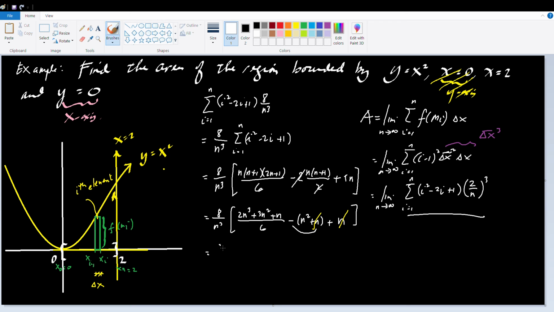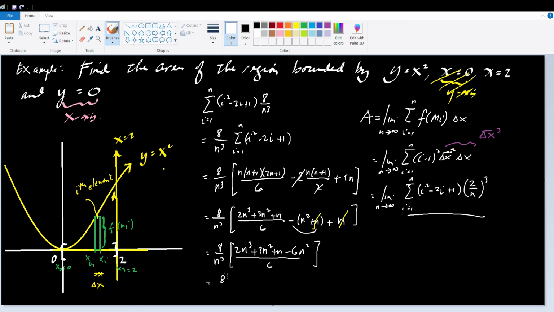Oh, wait, let me write it first as 8 over n cubed. And then let me combine this: 2n cubed plus 3n squared plus n minus 6n squared all over 6. So that becomes, let us now distribute 8 over n cubed. And what do we get? That will be 8 times 2, 16n cubed over 6n cubed.